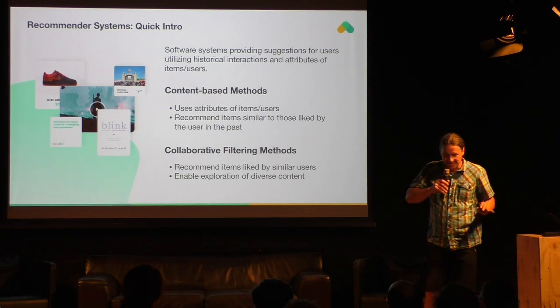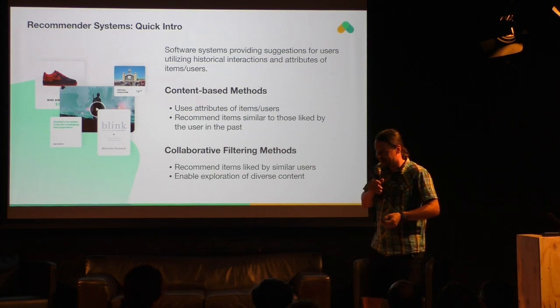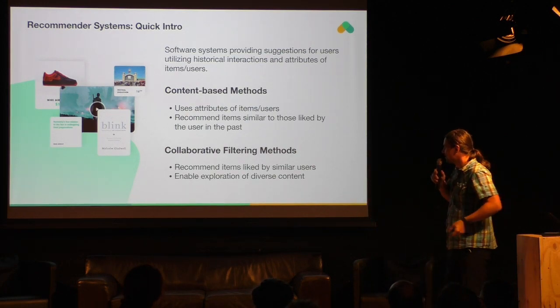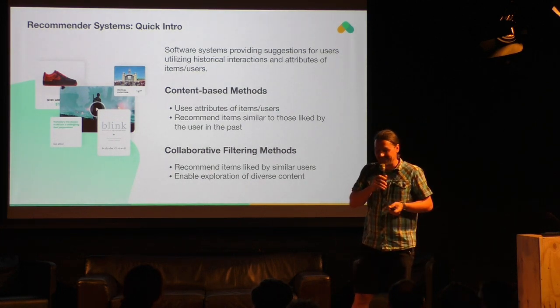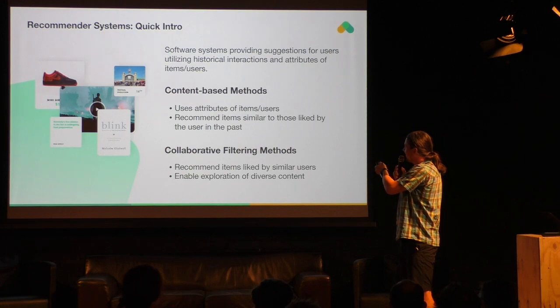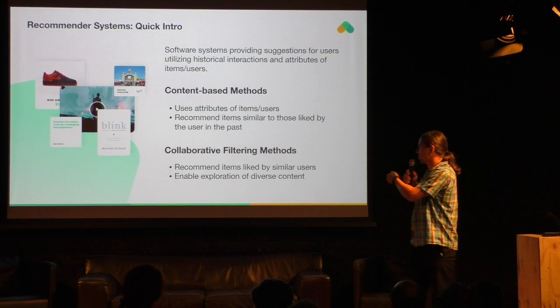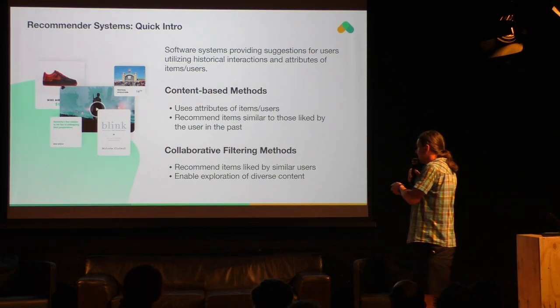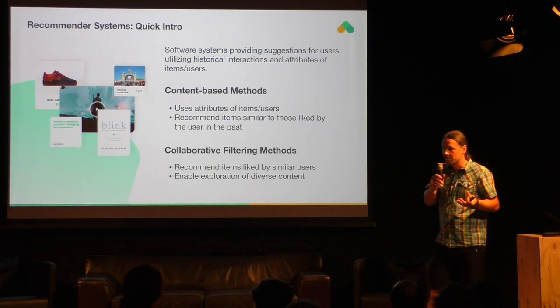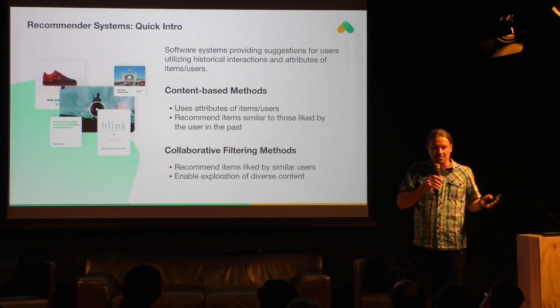So that was just the introduction, and now I will dive into algorithms, because most of you are here because of algorithms, not because of the introduction. There are two types of methods. One is content-based methods, and the second type is so-called collaborative filtering methods. The difference is that the first one is based on attributes of products, and it doesn't take into account behavior and interactions of different users and visitors.